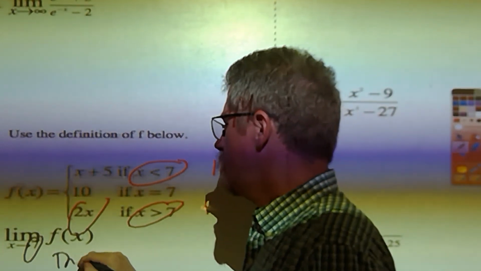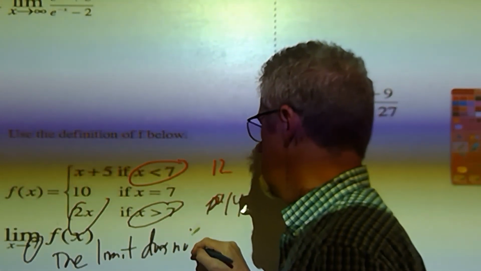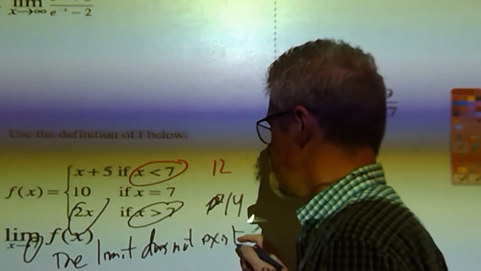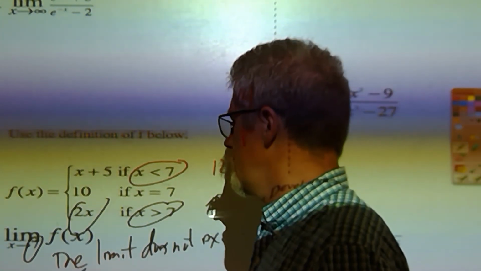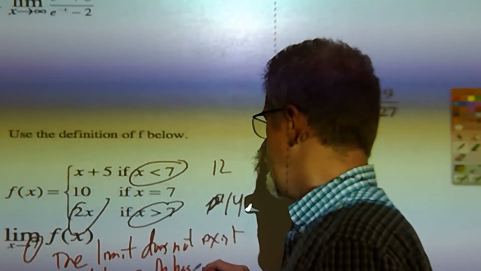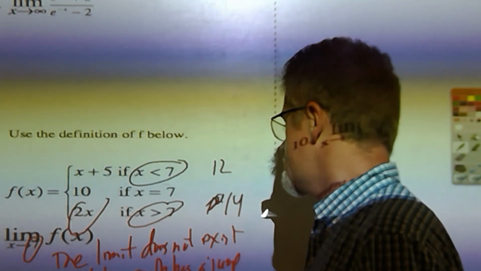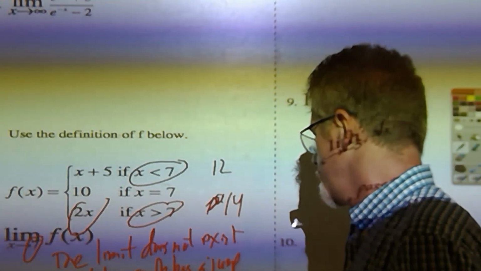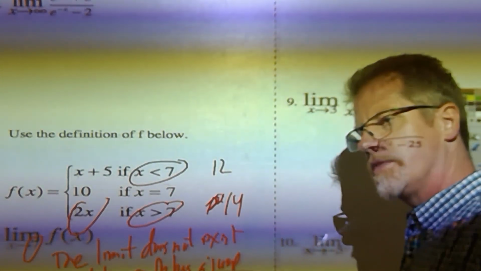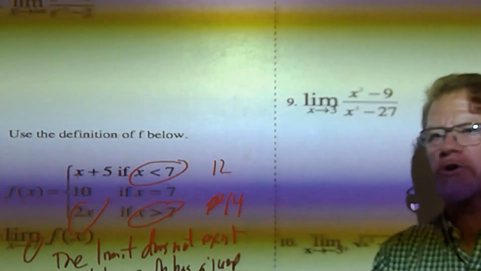So here we say the limit does not exist. It's one of those jumps. And the graph has a jump from (7, 12) to (7, 14). Does that make sense? You can see the jump without sketching the graph.